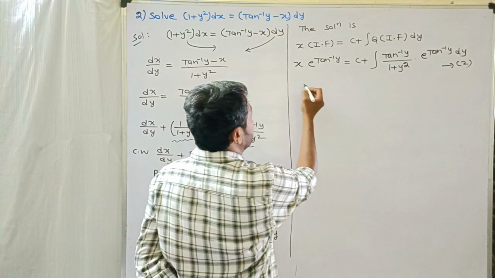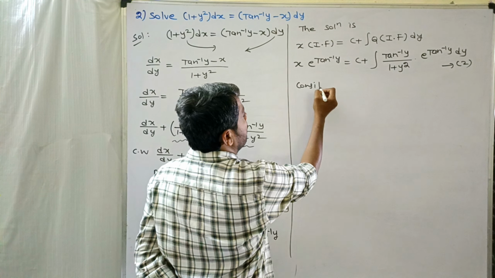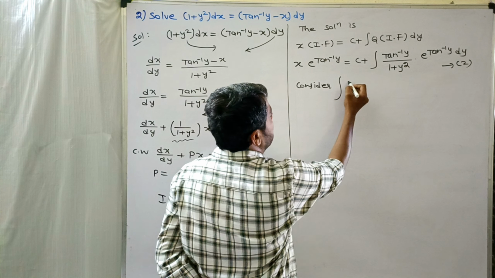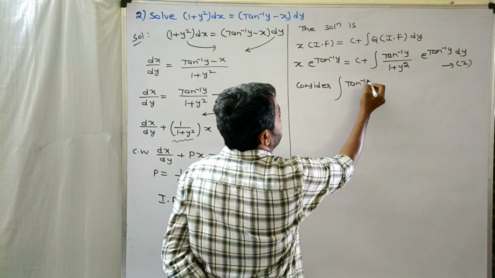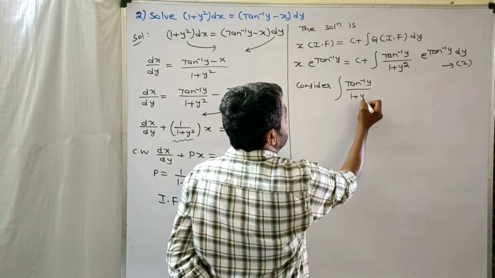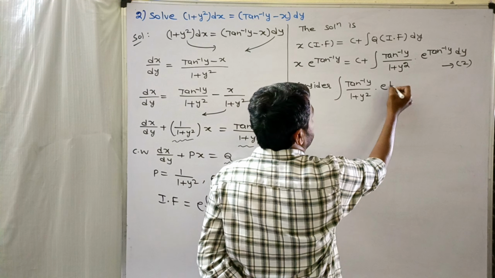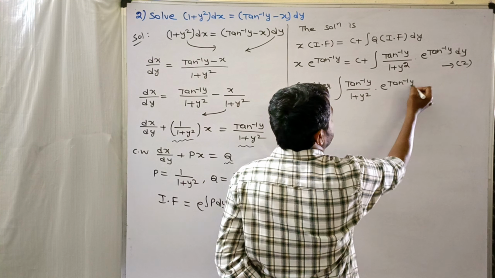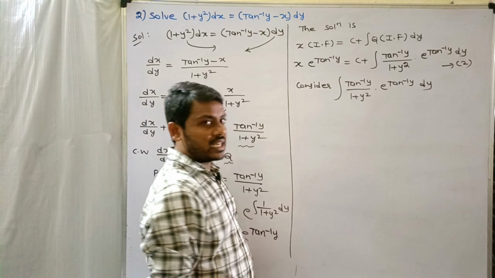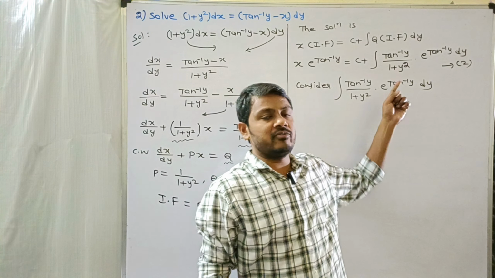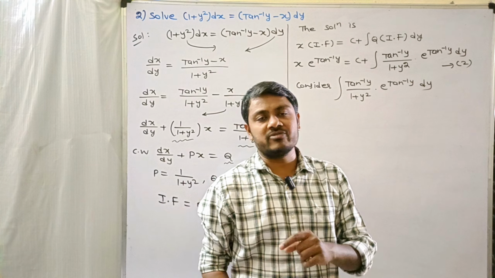Now we can consider the integral of tan inverse y by 1 plus y square into e power tan inverse y dy. Clearly, it is a combination of tan inverse y and 1 by 1 plus y square.